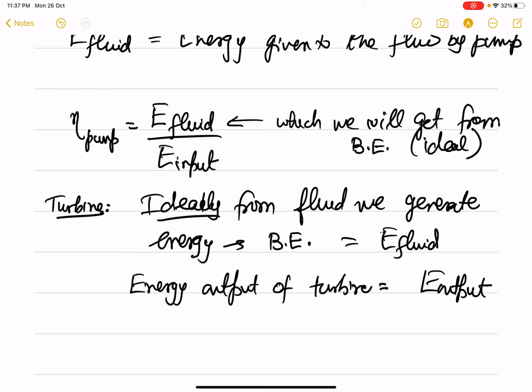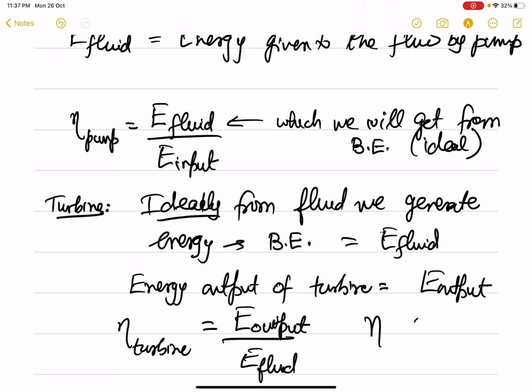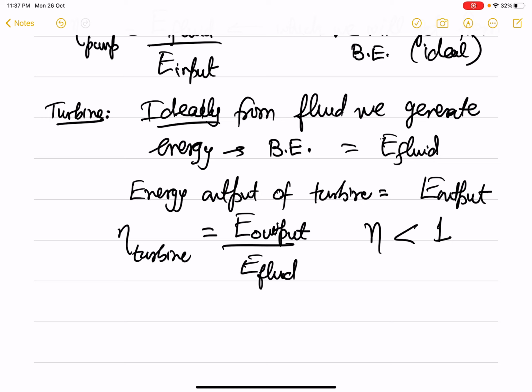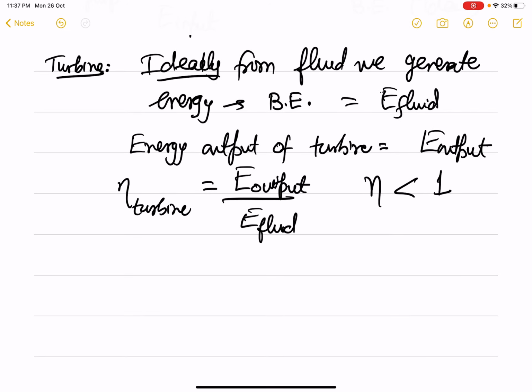Now clearly, all the energy which the fluid is generating does not come to the turbine as useful work. Some energy is lost. And in this case, the efficiency of a turbine is defined as E output divided by E fluid. And once again, we keep in mind the efficiency has to be less than 1. So this is the energy equation which we have.